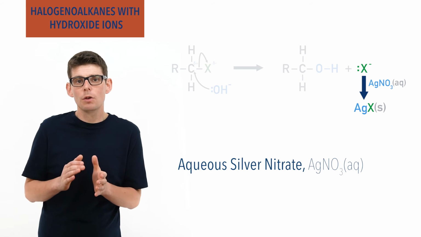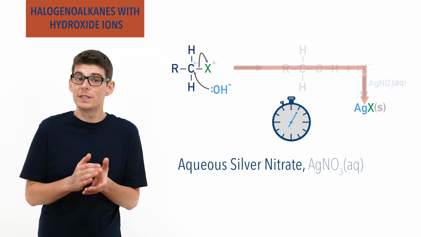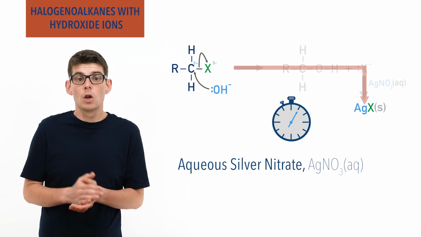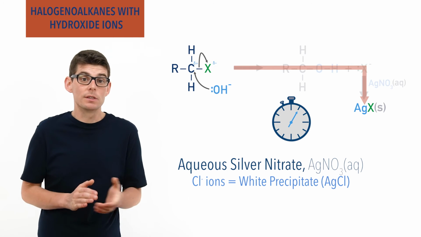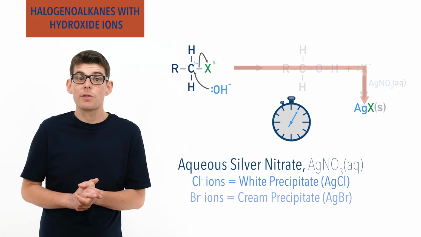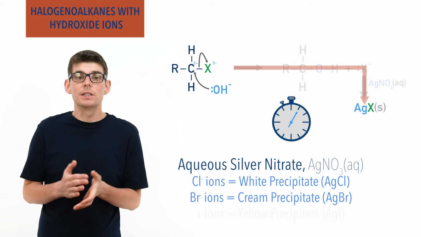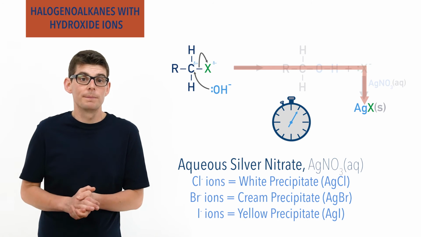By timing how long it takes to form a precipitate, the relative rates of the reactions for different halogenoalkanes can be compared. Chloride ions form a white precipitate of silver chloride, AgCl. Bromide ions form a cream precipitate of silver bromide, AgBr, and iodide ions form a yellow precipitate of silver iodide, AgI.